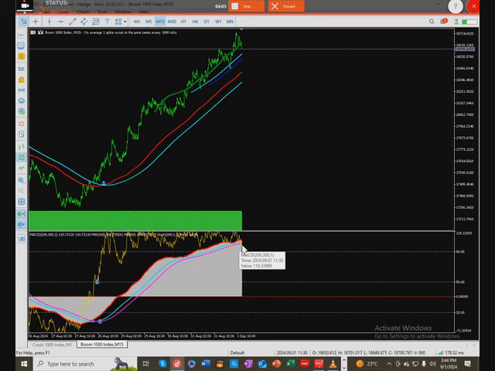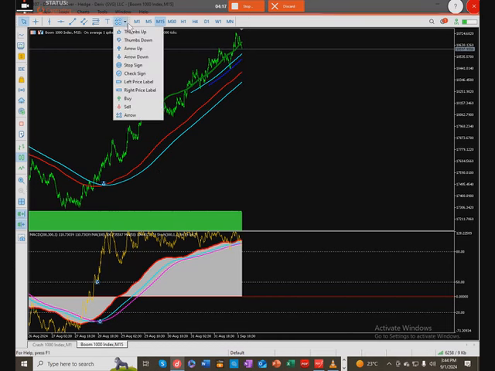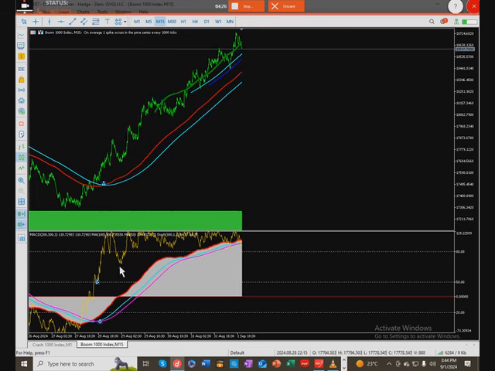And then the second early indicator is when you see the cross here, you just go for buy here. You see this MACD is crossing above these two moving averages.